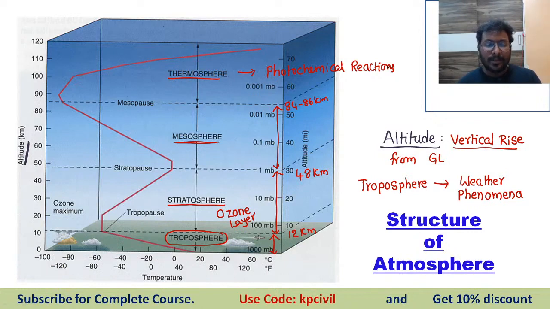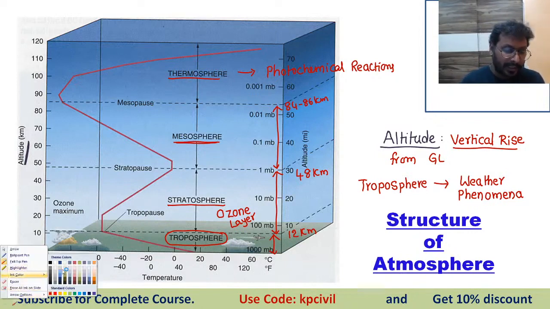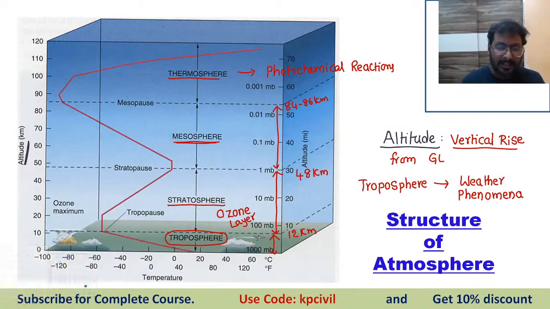Clear? Vertical distribution of atmospheric zones with respect to temperature modifications. See here, in the stratosphere, with altitude, temperature goes on increasing. Sometimes the same temperature is maintained.